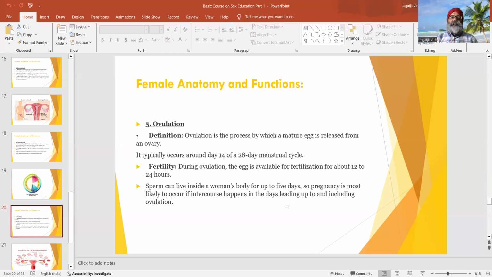That is why 11th, 12th, 13th, 14th, and 15th days are good for pregnancy to occur. So pregnancy is most likely to occur if intercourse happens in these days leading up to and including ovulation.